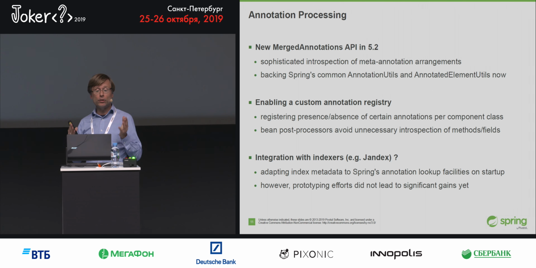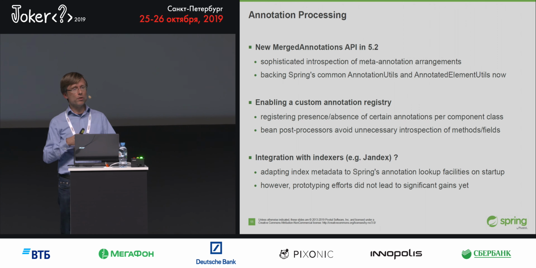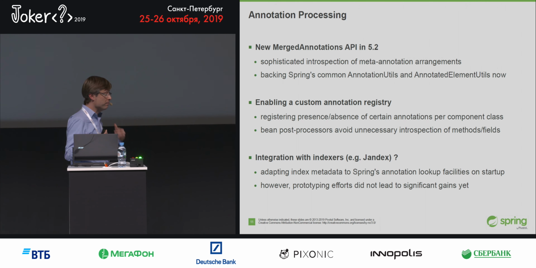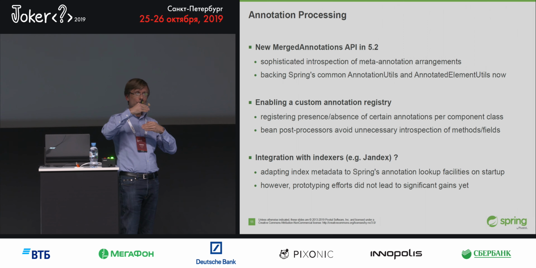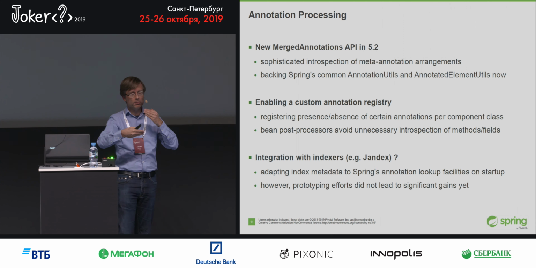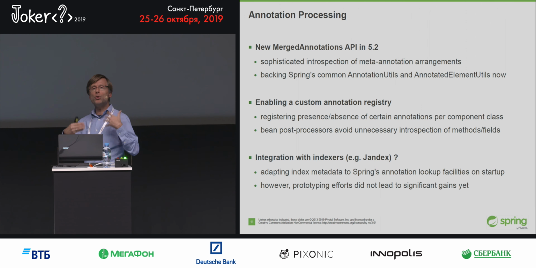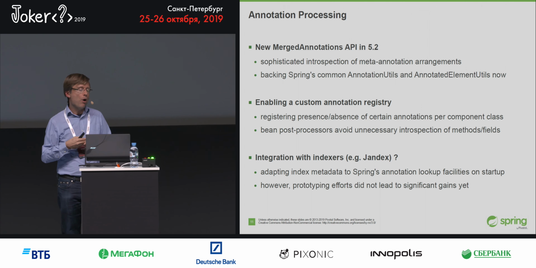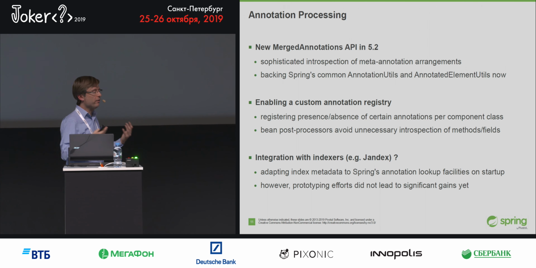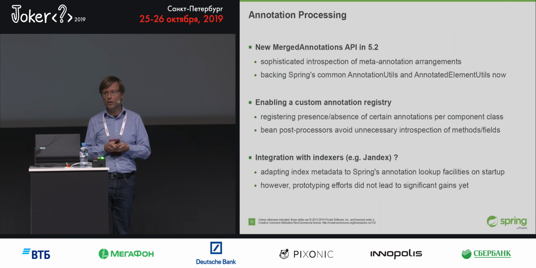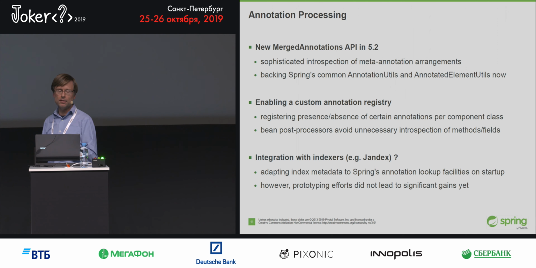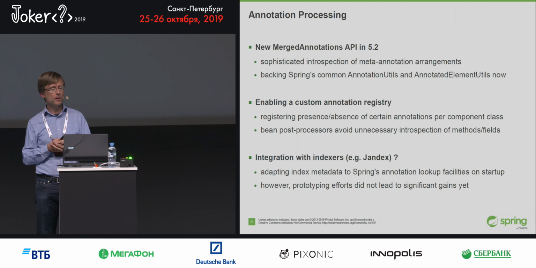In an annotation-based application in Spring, with a lot of use of annotations and possibly meta-annotations, right? Building your own annotations where some Spring annotations are declared on your own annotation types. In Spring, we allow you to compose your own annotations. All of this comes with quite a bit of retrieval effort. It turns out there's quite a few things we can do to optimize the performance overhead of this.